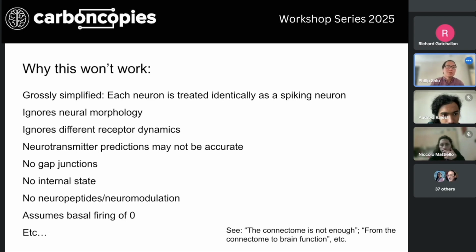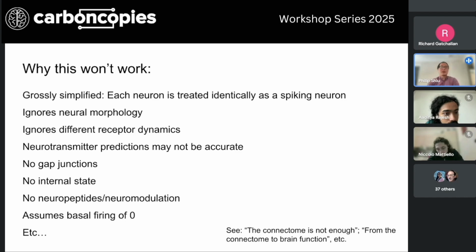The neurotransmitter predictions might be inaccurate. We ignore gap junctions. Those are the electrical connections, like if two neurons are coupled together with gap junctions, and those can't be found in the FlyWire connectome.